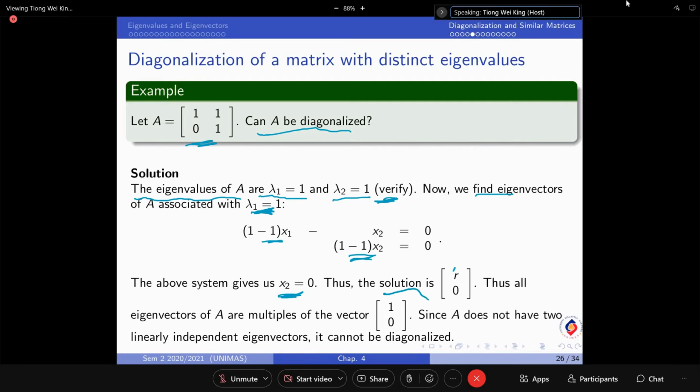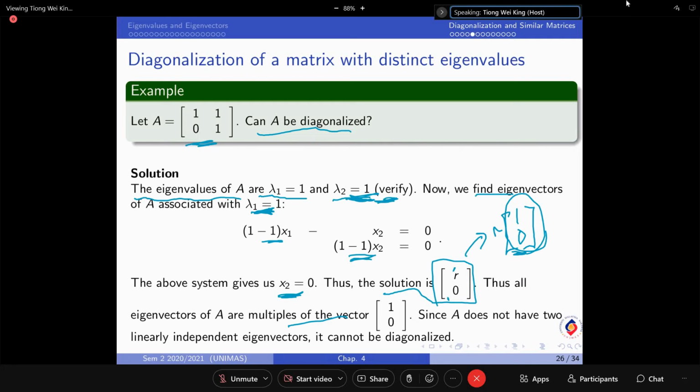So our solution will be in this form, r, 0. You can rewrite this as r times (1, 0). So this is the eigenvector, meaning the eigenvector here is a multiple of this, because we need to have 2 eigenvectors, and here there is only 1.